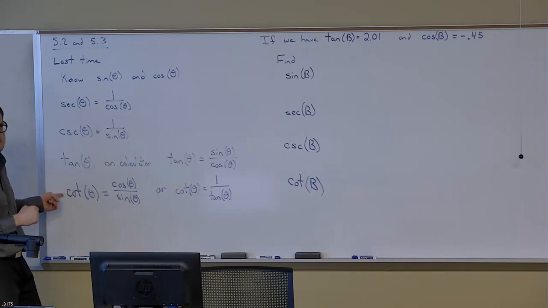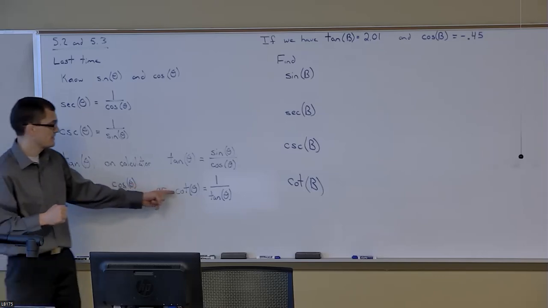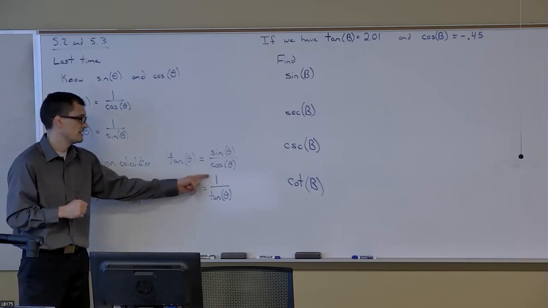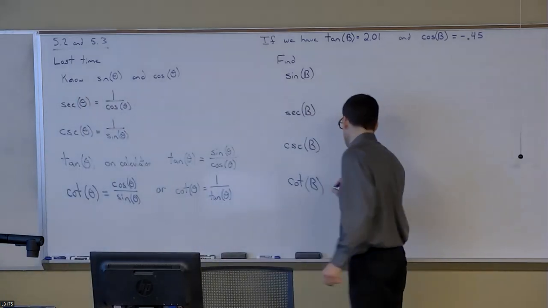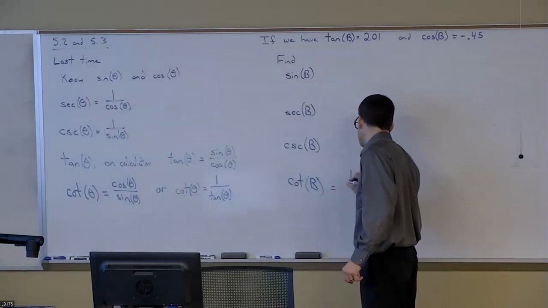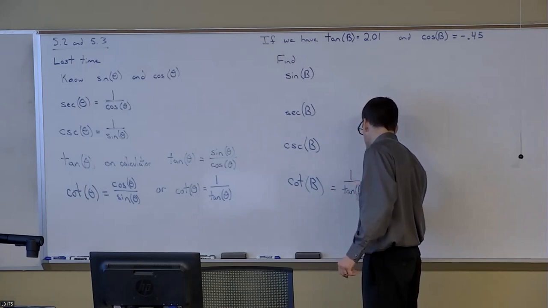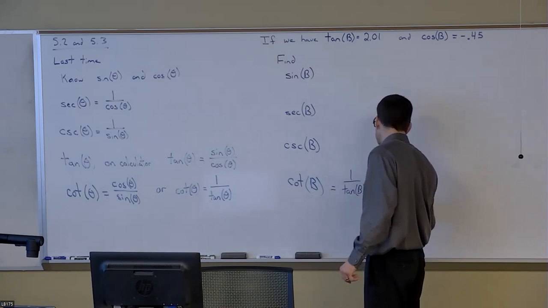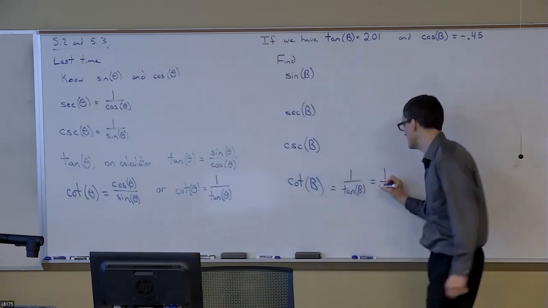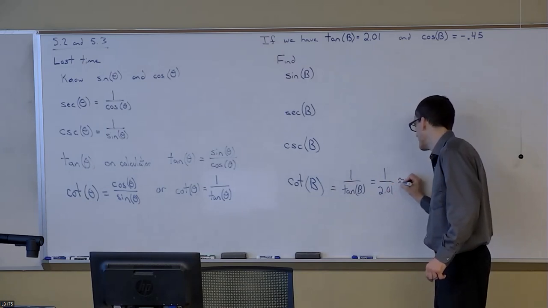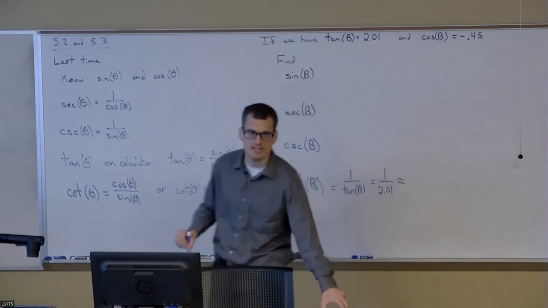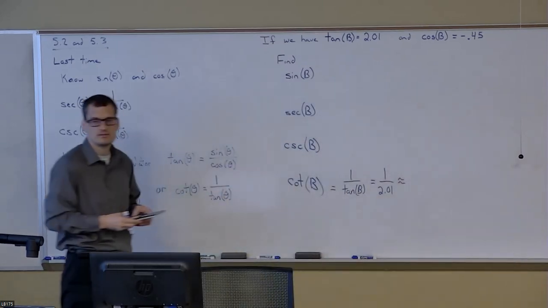Cotangent's going to be really easy this time, because I can use the fact that the cotangent is just 1 over tangent of angle B. Since tangent of B is 2.01, that means cotangent is 1 divided by 2.01.